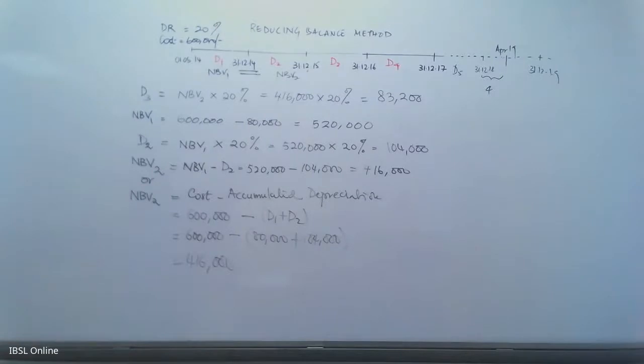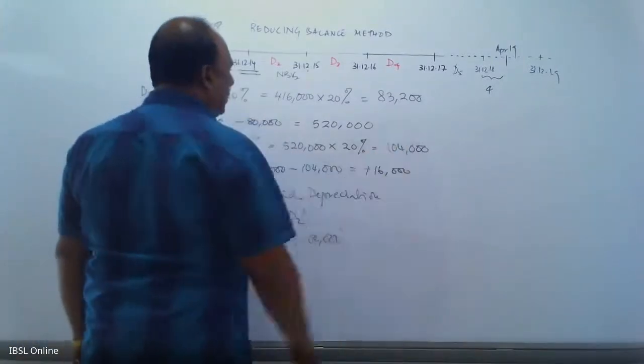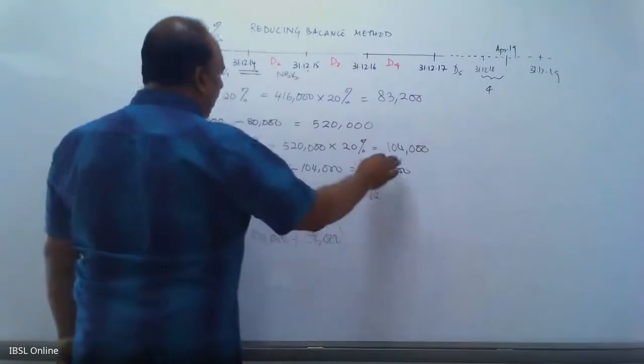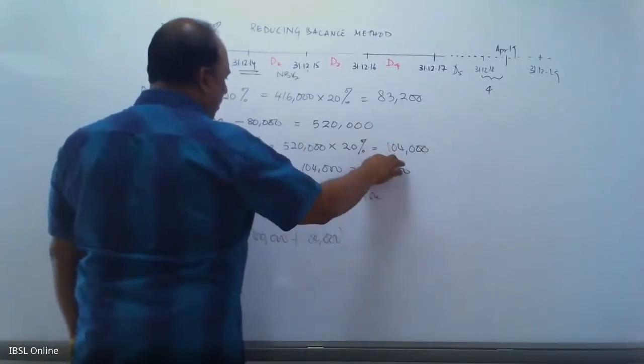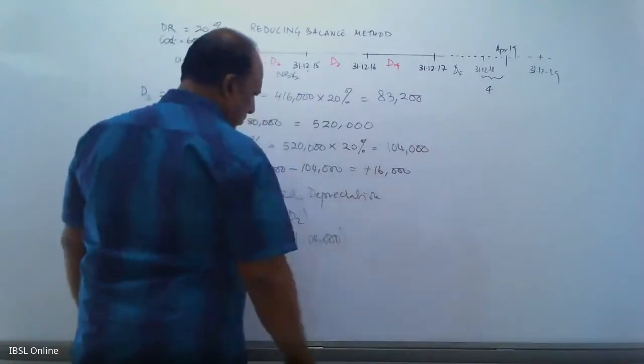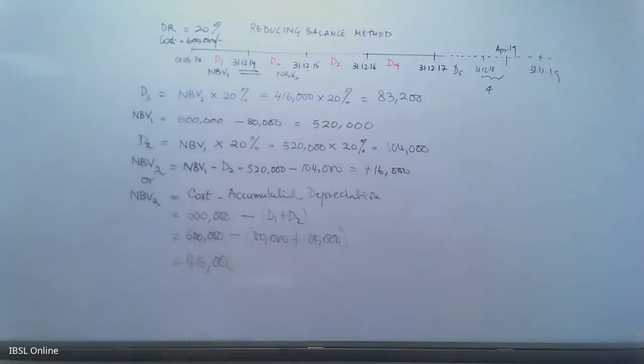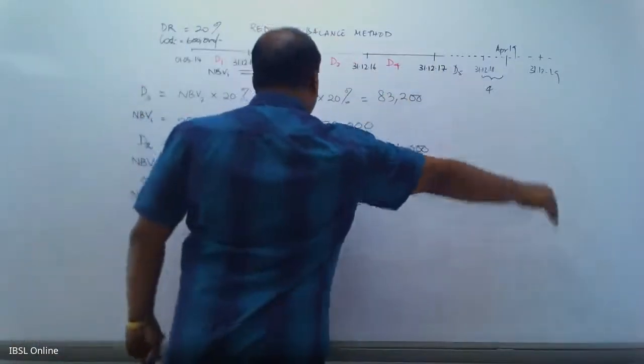Of course, in the first year, you had 80,000. But thereafter, 104,000, 83,200. Likewise, it will go down. So the depreciation at the beginning of the life will be much higher than towards the end of the useful life.